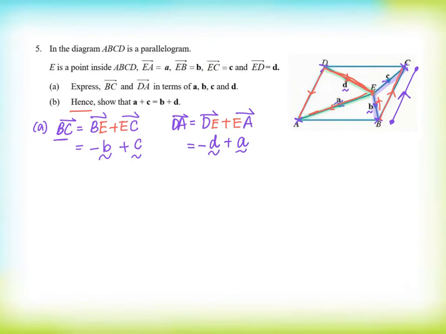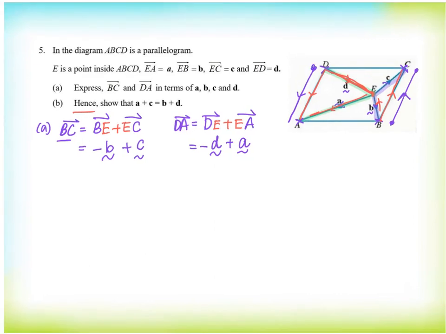But I have the other vector D to A. This is going in the downwards direction. What is the relationship between BC and DA? They are equal in magnitude but opposite in direction. Hence, they are negative vectors of each other.